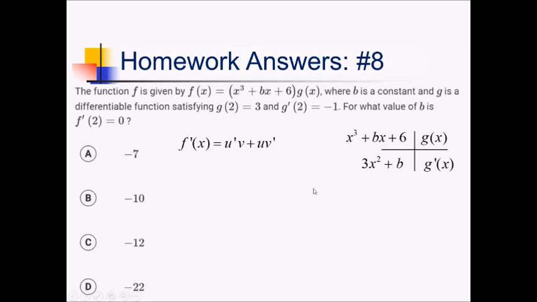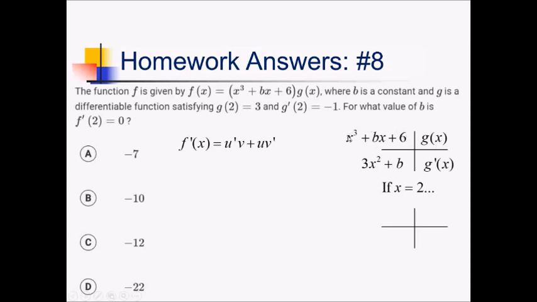Okay, so if I plug 2 into this thing, I should get an output of 0. So let's say that x does equal 2. What do each of these things become? I'm going to just plug things in inside the box here. Then I'll throw it all together in this equation over here. So if x equals 2, this upper left is going to be 2 cubed plus 2b plus 6.